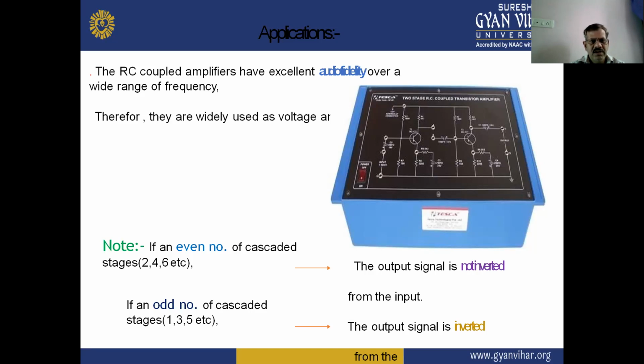Note, if the number of cascaded stages is even, 2, 4, 6, the output signal is in phase with the input. In the odd cascade stage case, the output signal is out of phase.